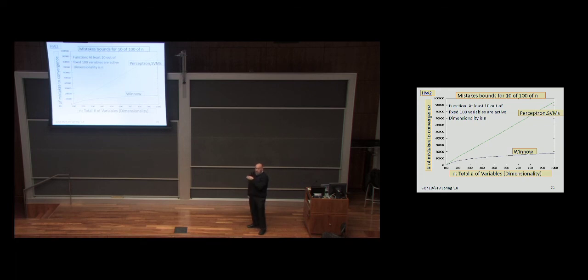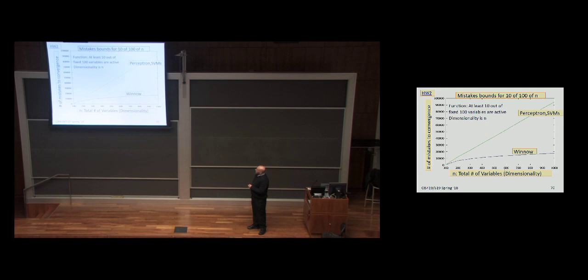What does it mean? Dimensionality is n. There are 100 important features. If 10 of them, any 10 of them are on, it's a positive example. If less than 10 are on, it's a negative example. Okay? So that's a linear function. And what I show here is the behavior of algorithms as a function of n.